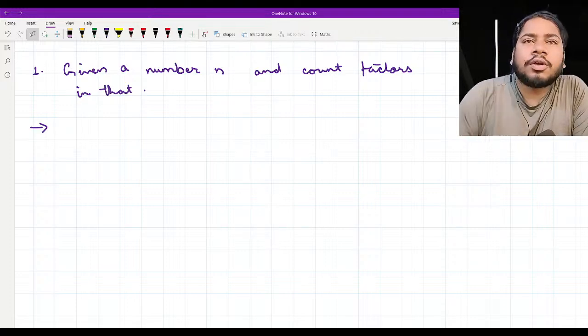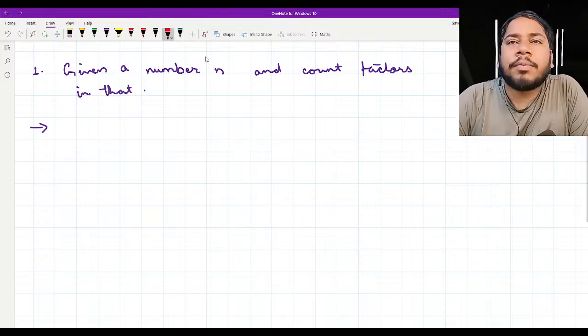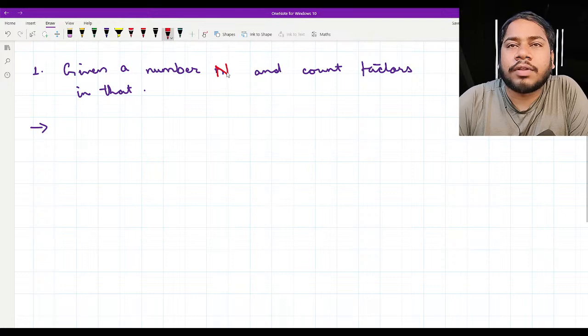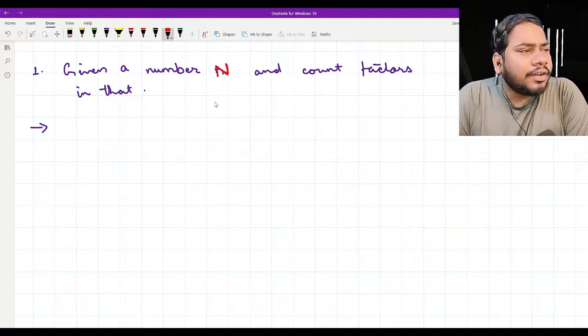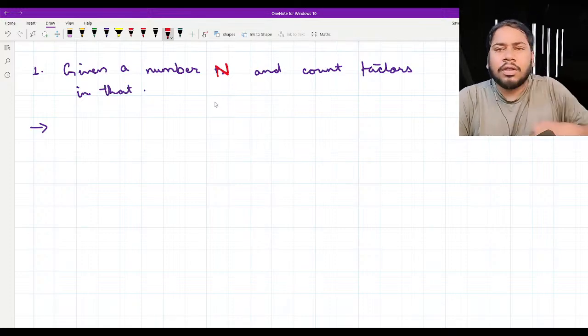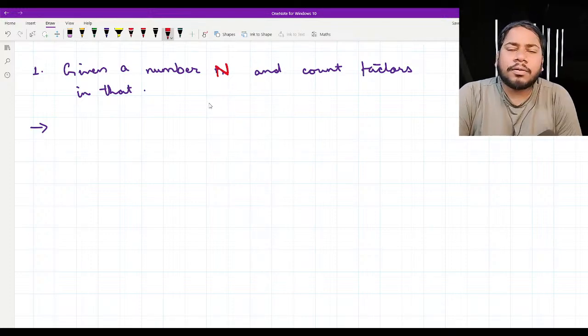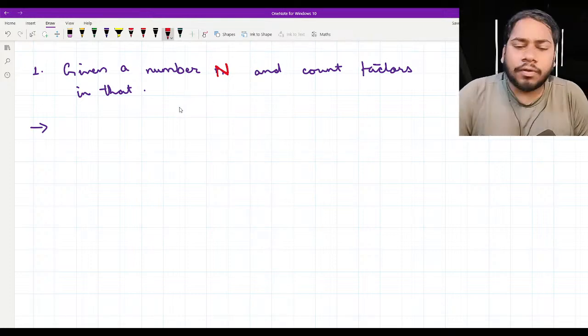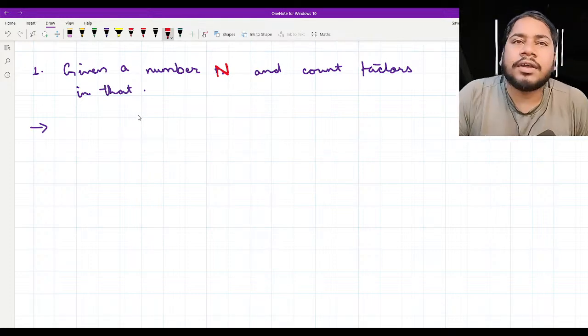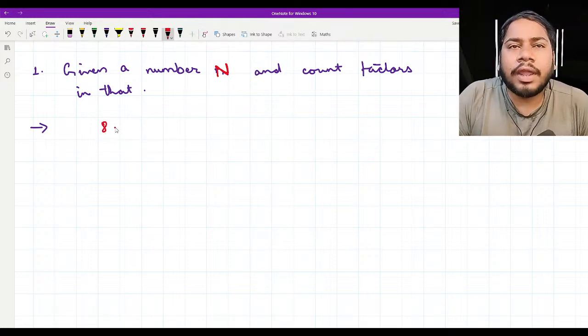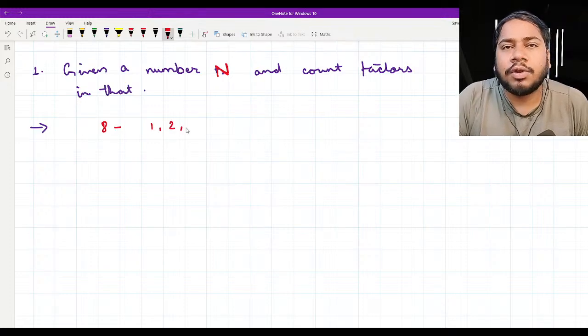So the question is, given a number n, we have to count the number of factors of it. We already discussed what factors are. What is a factor? For 8, the factors are 1, 2, 4, 8.